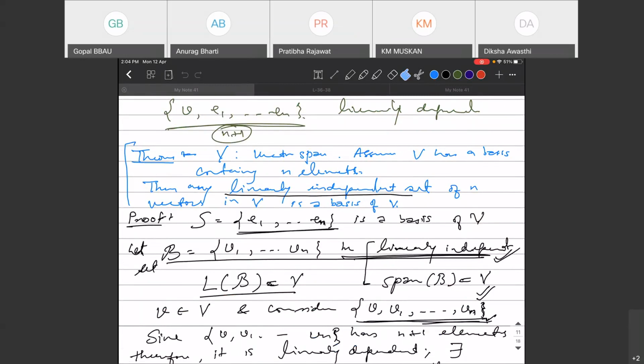So in a vector space, if you have a basis of that vector space, then any set which is linearly independent and contains n elements will be a basis of V. So this is what we proved last time.